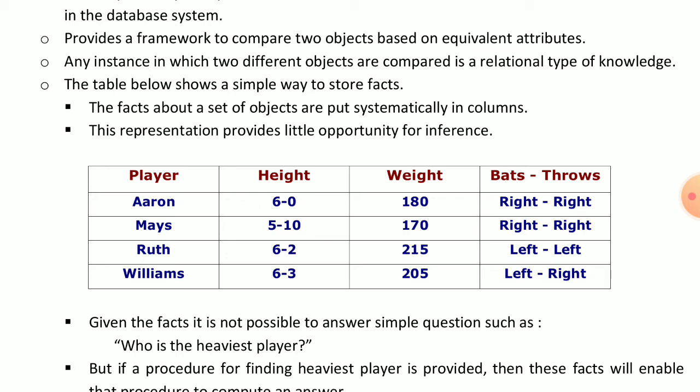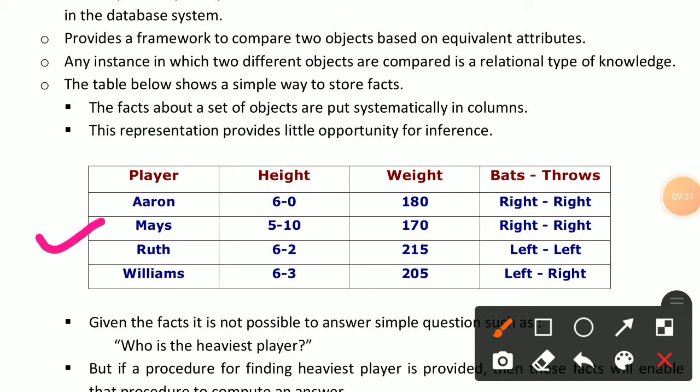Okay, as shown in this table, these all are our objects. And then the representation provides little opportunity for inference.